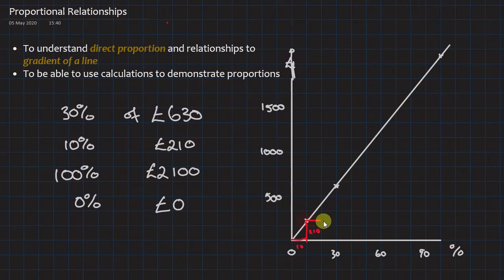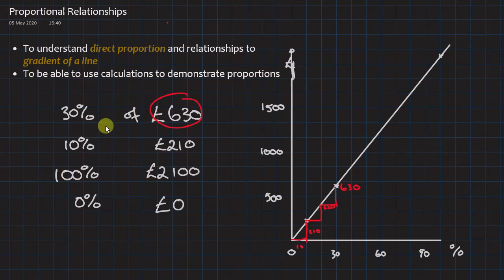So my next one, go 10, this would be 420. Go again, and we get 630. Oh look, that's my 30%. That's what a direct proportion does, it goes up simply.